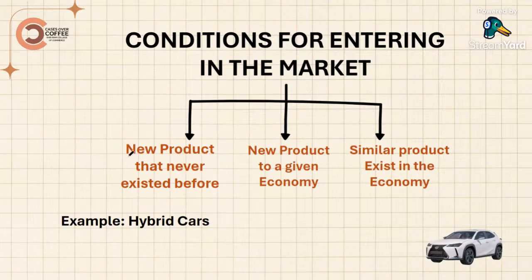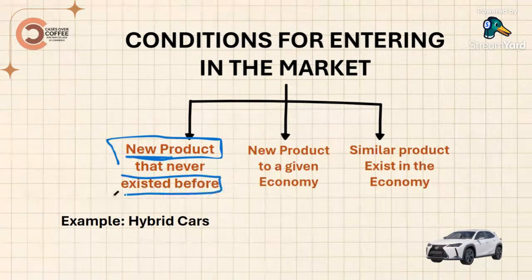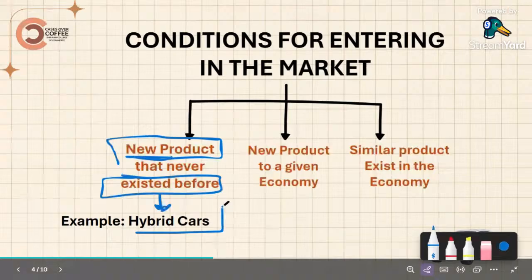Number one, the company has launched a new product. The product never existed. For example, hybrid cars. There was a time where we had petrol cars or EVs, but then we came up with something called a hybrid car. So it was something which was introduced. We can give one more example.